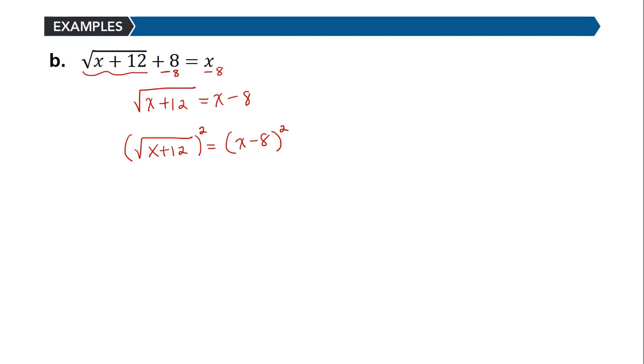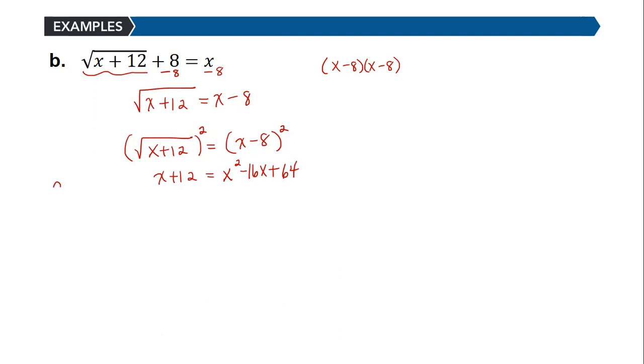Well, the square root of x plus 12, squared, is just x plus 12. When I square x minus 8, recall that's really x minus 8 times x minus 8. I will get a trinomial when I square that. I get x squared minus 16x plus 64.